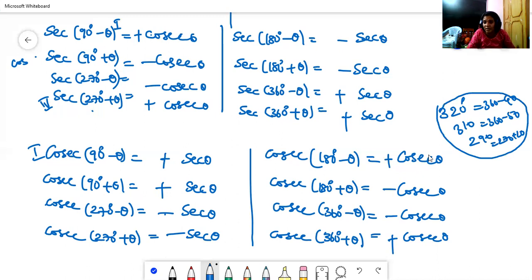Just concentrate on that only. If you have a good idea, immediately if 180 or 360 is there, the same function we can write. Just concentrate on the quadrant, and on that quadrant whether the function is positive or negative. If it is positive, put positive. If it is negative, put negative. That's the relation of the quadrant angles or trigonometric angles.